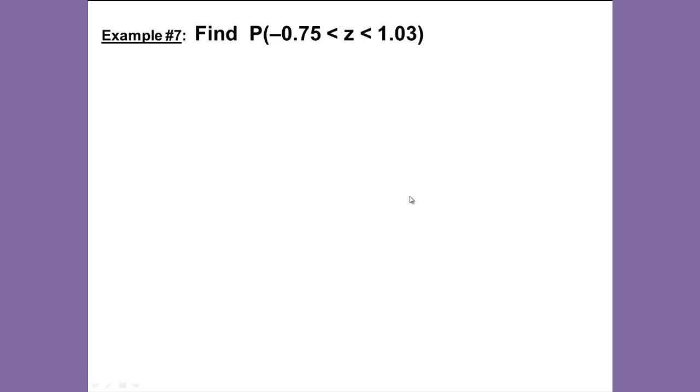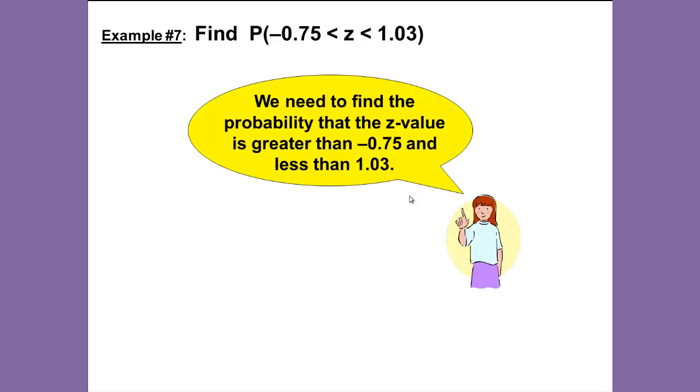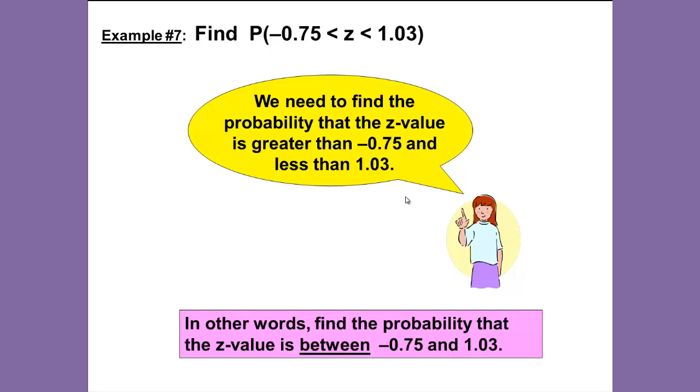Let's look at example number 7. Find the probability that negative 0.75 is less than z, which is less than 1.03. In this case, we need to find the probability that the z value is greater than negative 0.75 and less than 1.03. In other words, find the probability that the z value is between negative 0.75 and a positive 1.03.